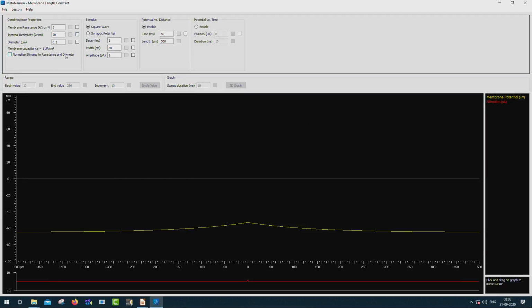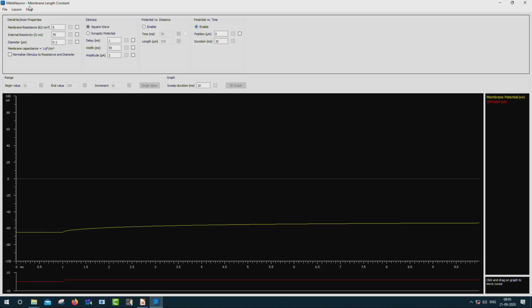We already went through diameter. Also, once you change these, you can look at potential versus time and see how the change in membrane resistance, internal resistance, and diameter affects the potential in time.